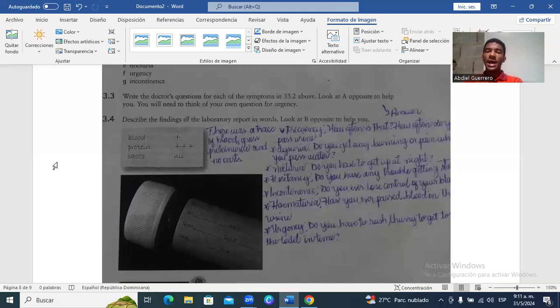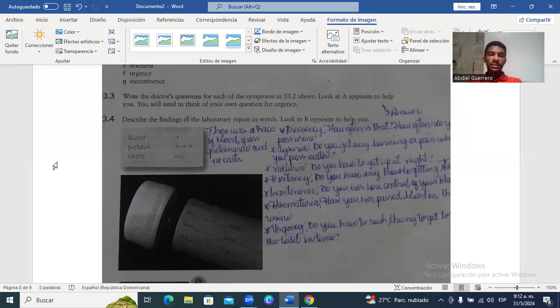Nocturia: do you have to get up at night? Hesitancy: do you have any trouble getting started? Haematuria: have you ever passed blood in your urine? Urgency: do you have to rush to get to the toilet?